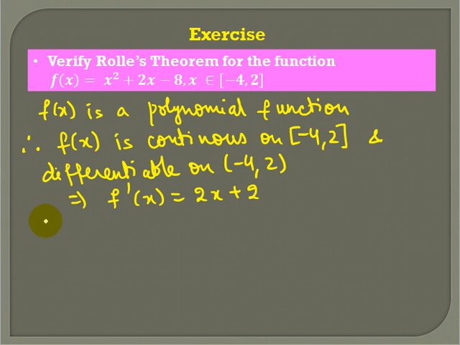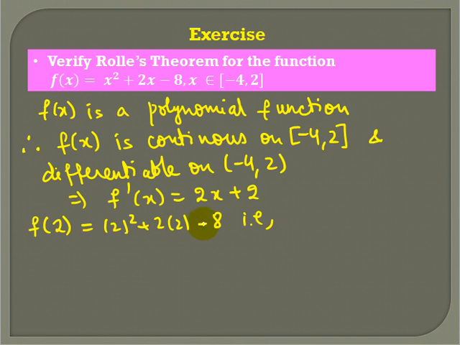Now checking for the third condition, value of the function at b, that means the upper end. So if we calculate the value of the function at 2, you can replace x by 2 here. So this is square of 2 plus 2 times 2 minus 8. See what we get.